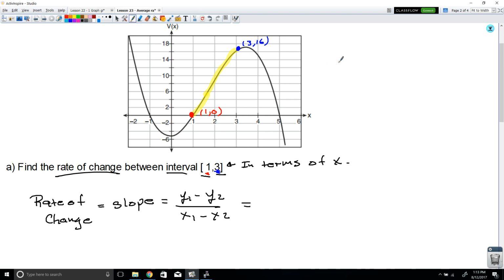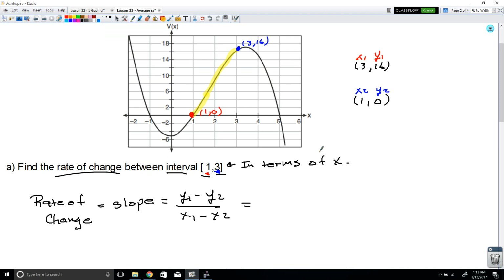Here we got coordinate point 3 comma 16, and we got another coordinate point of 1 comma 0. So we're going to use these coordinate points to plug it in. Let me call this my x1, and this my y1. The same for the other coordinate point: this is my x2, and this is my y2.